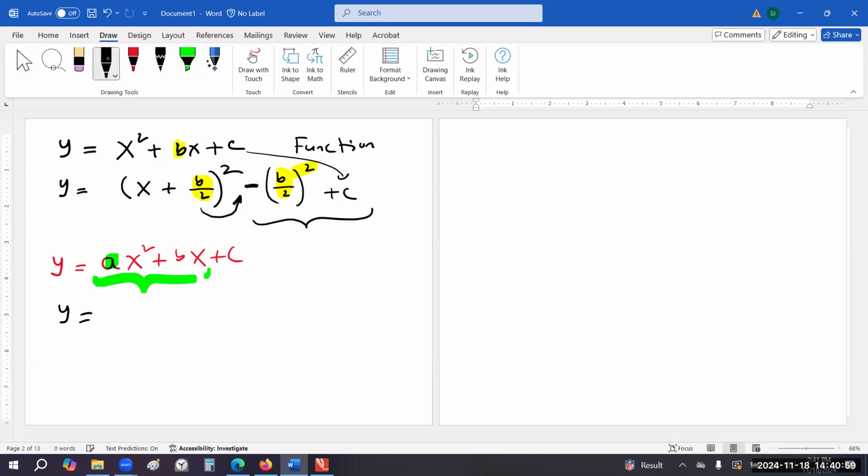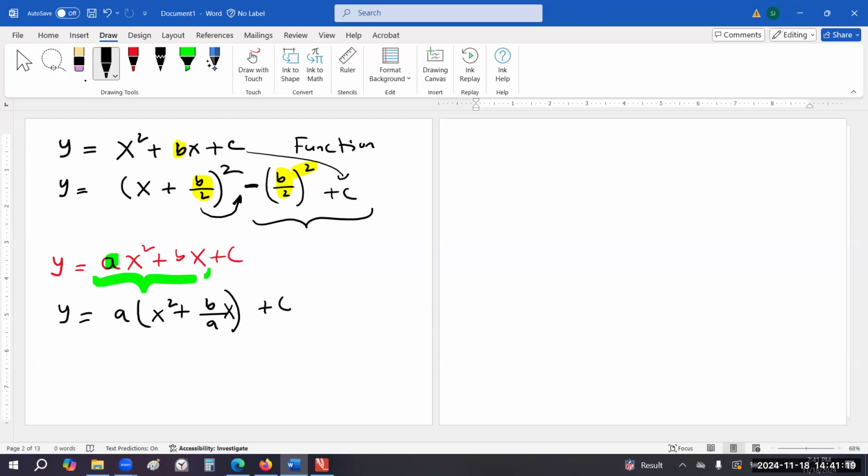So we get y equals a times (x squared plus b over a x), and then the extra c outside. We only pull out the leading coefficient as a common factor from the x terms. We leave the constant alone. We don't care about that.